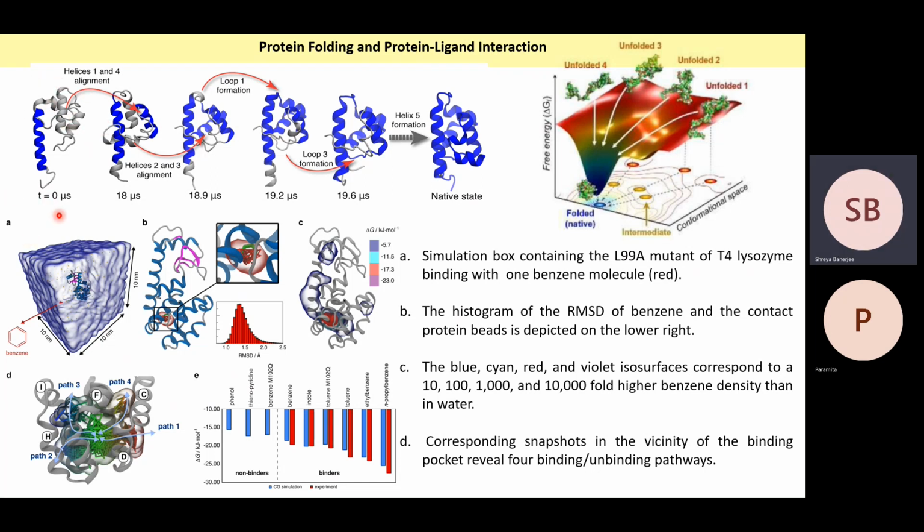So considering this, the mechanism of protein folding was studied using molecular dynamic simulation for this particular protein. It was observed that initially, when the time is 0, these two helices, 1 and 4, align with each other. Then as the time proceeded, the different conformational elements of the final native state came into being. At 18 microseconds, these two helices shown in blue, 2 and 3, came into alignment.